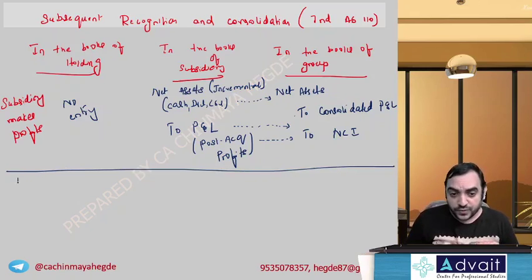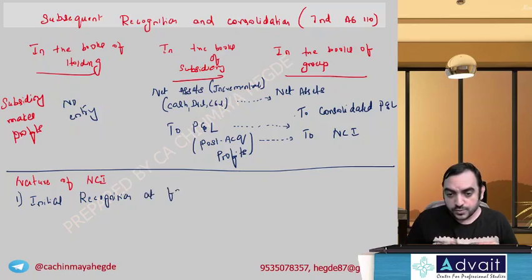So you can write the nature of NCI. Initial recognition: at fair value or at proportionate basis.